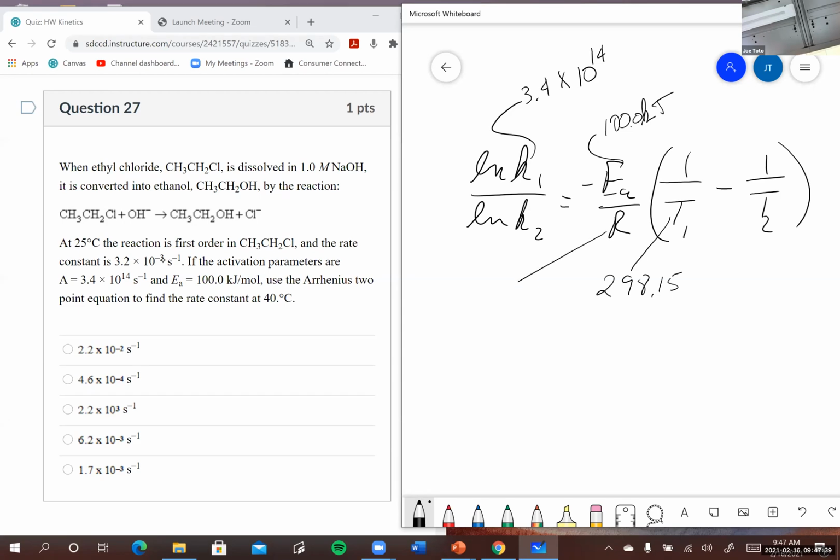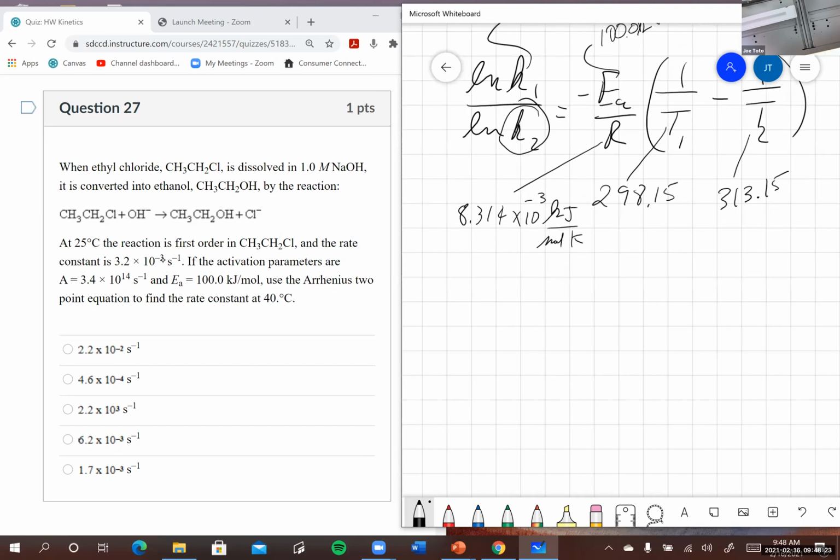R is 8.314, but I have to convert that to kilojoules, so I'm just going to say times 10 to the minus 3 kilojoules per mole K. And they want to know the constant at 40 degrees, which makes T2 313.15. So now we have everything in the equation. All we need to calculate is this K2 value.